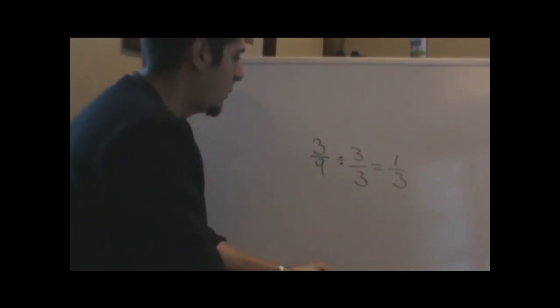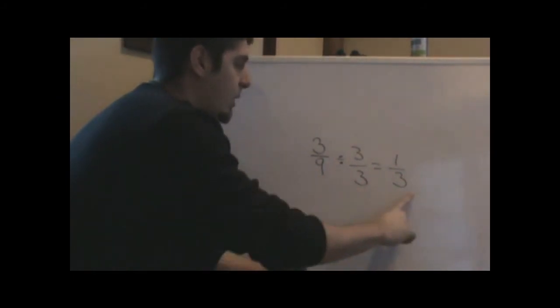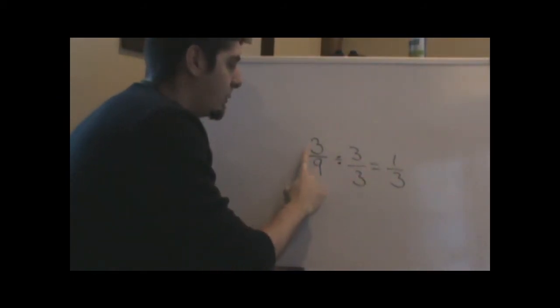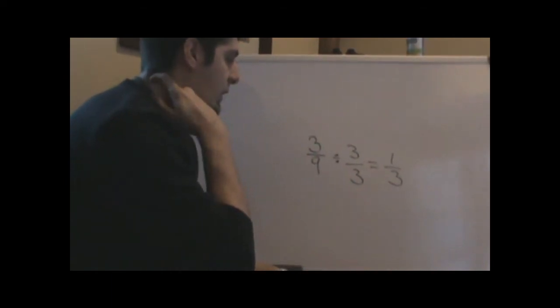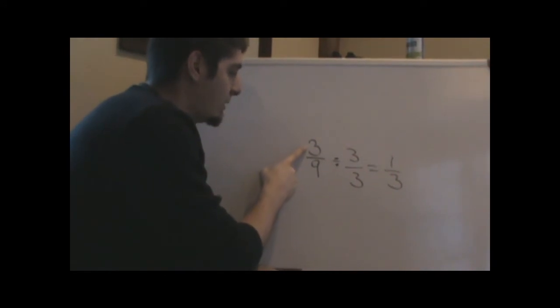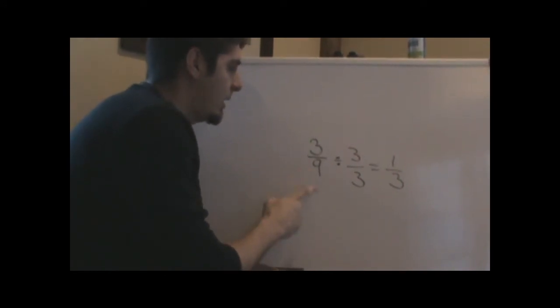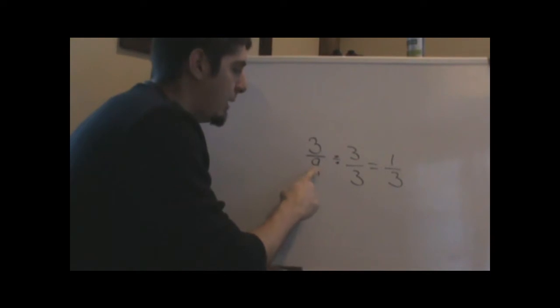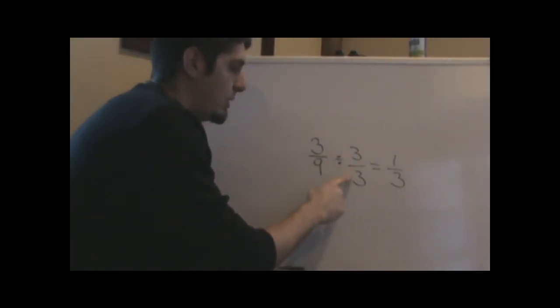The reason why I set the problem up like I did, with 3/9 divided by 3 over 3, is because in order to reduce, you find the greatest common factor of the two numbers, and you divide both the top and bottom number by that factor, which in this case was 3.